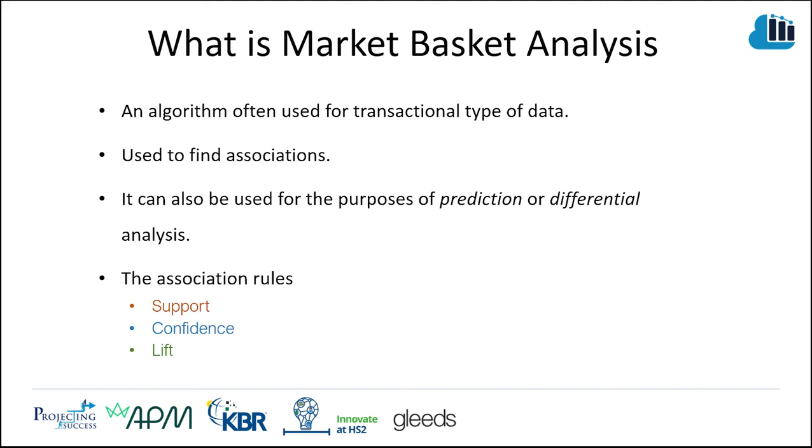Finally, we have lift, which expresses the ratio by which the confidence of a rule or association exceeds the expected confidence. Now, that might seem a little bit too complicated, but for the purposes of this project, we simplified it and we just focused on interpreting the confidence rule. Therefore, whichever association has the highest confidence value, being 1 or 100%, then we would use that as our guide.